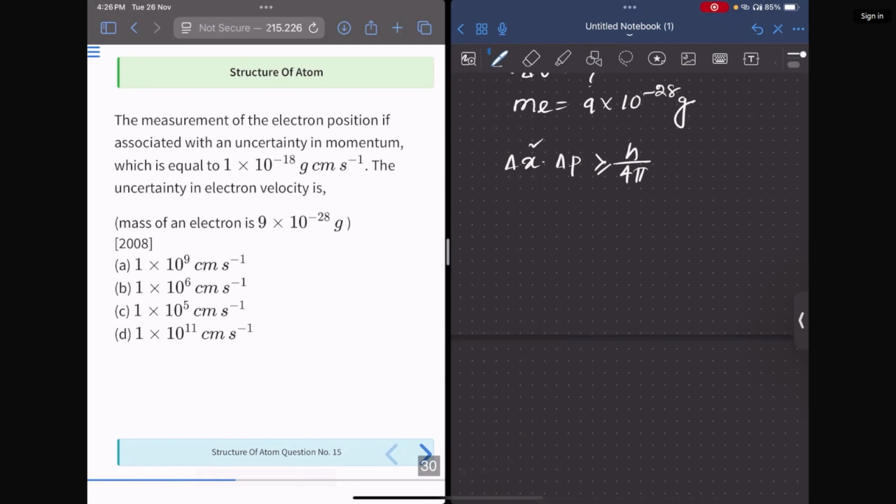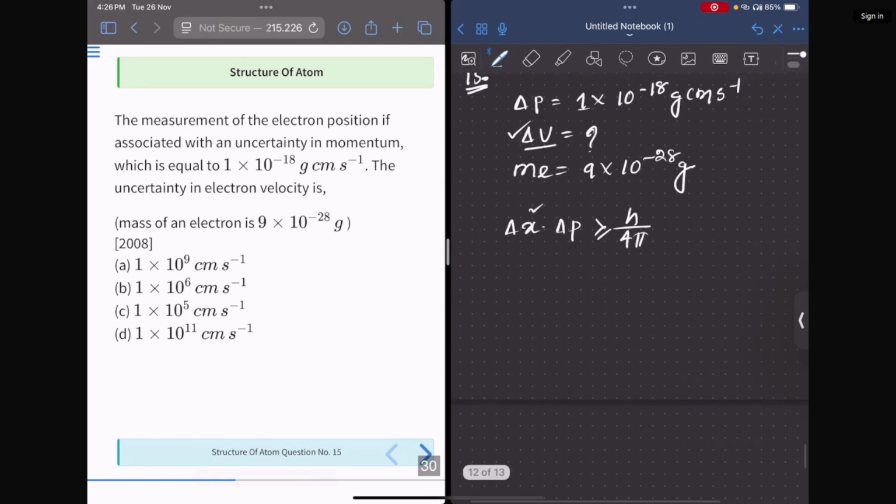But we have to convert it into del v. Del p means momentum, converted into mv formula: m del v greater than h by 4 pi.